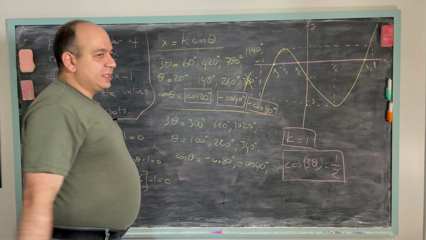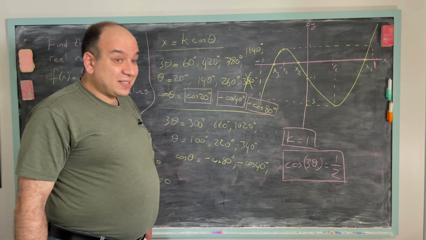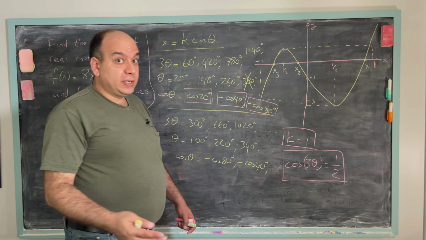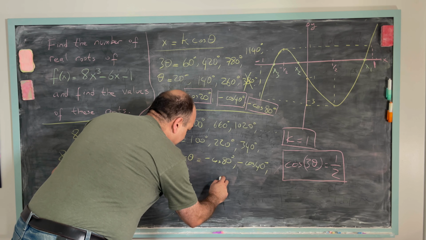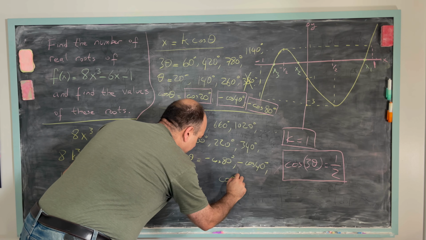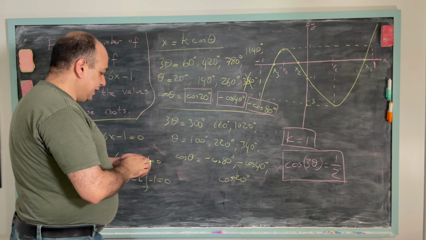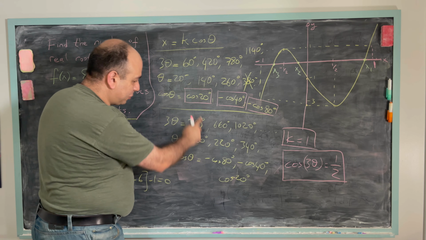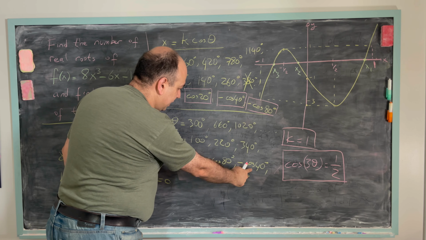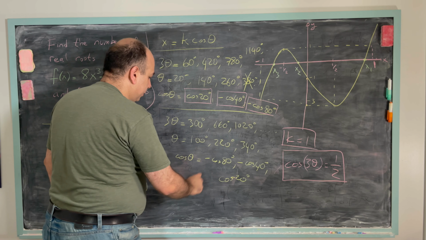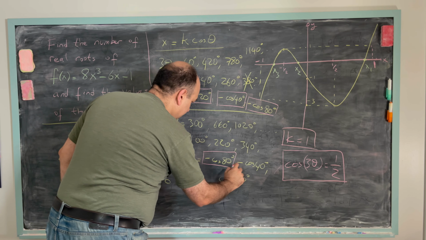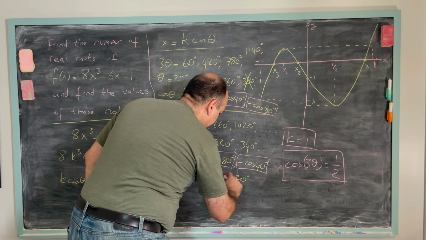And 340 is in the fourth quadrant, cosine is positive, 340 plus 20 is 360, so this is cosine 20. As you see, they are the same: cosine 20, minus cosine 40, and minus cosine 80. So these are all the roots we have.